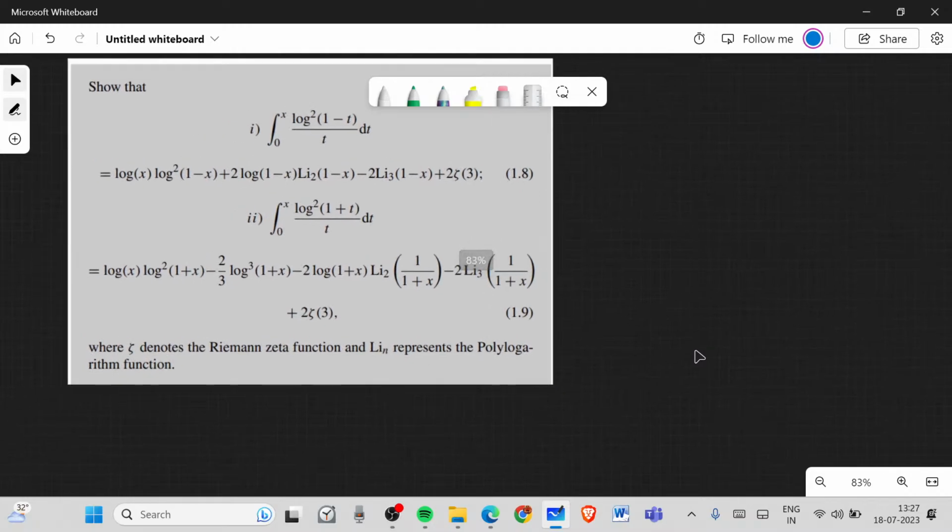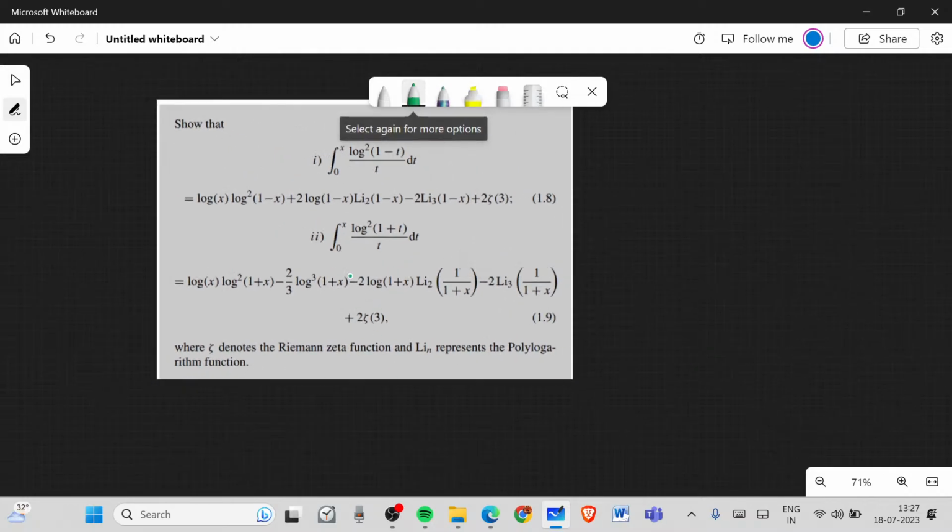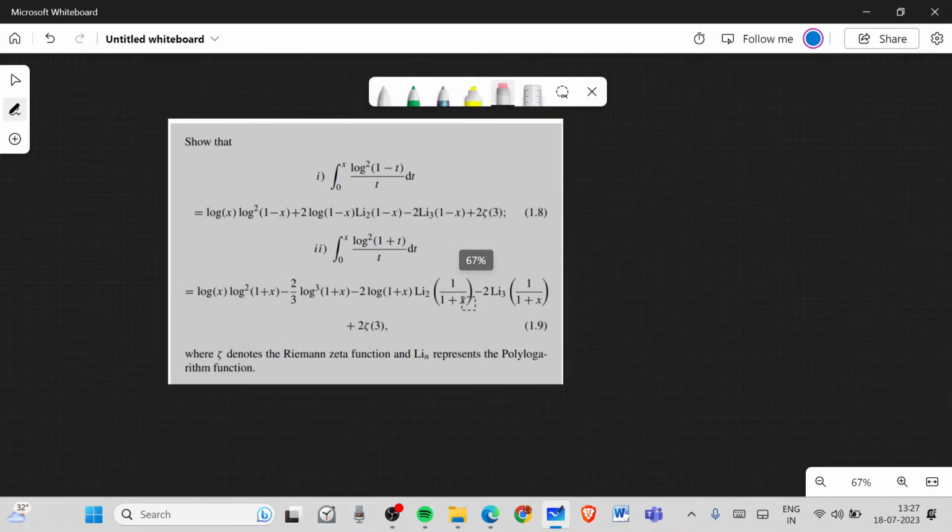So first of all, let's see what the final result is. ln x, of course base e, ln x ln square (1 minus x) plus 2 ln(1 minus x) Li2 and Li3. And this is the thing which you must not have seen.